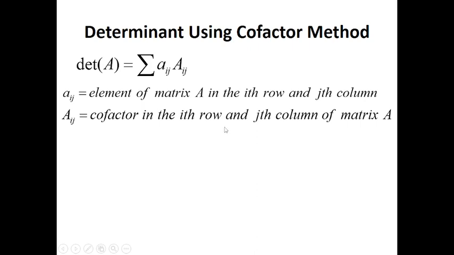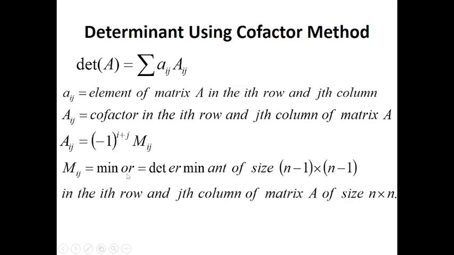Cofactor in the ith row and jth column of matrix A. No? At ang cofactor, ito yung formula niya. Negative 1 raised to the power of i plus j multiplied by Mij. Ang M, ang tawag dyan, minor. Okay? Minor. Mij equals to the minor.